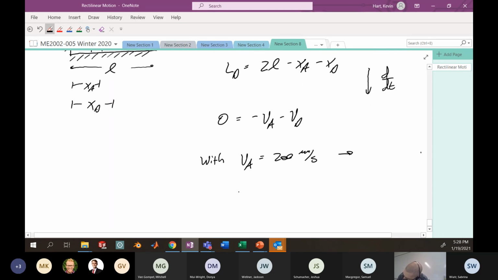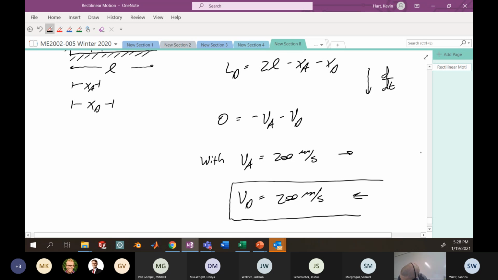So that means that the velocity of D will be the same magnitude, but acting left here. Or, you know, negative 200 millimeters per second if you want to think of a global XYZ coordinate system, I guess.